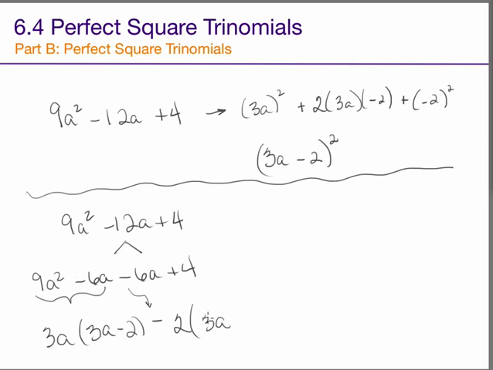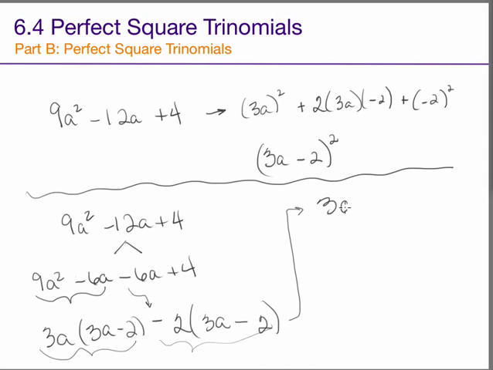A negative times a positive is a negative. A negative times a, I need to get a positive here, so a negative times a negative is a positive. Negative 2 times negative 2 is positive 4. What's common to these two terms?